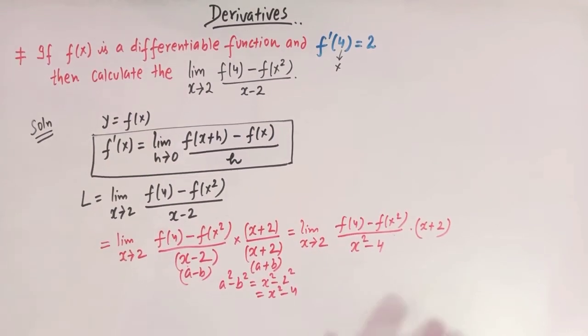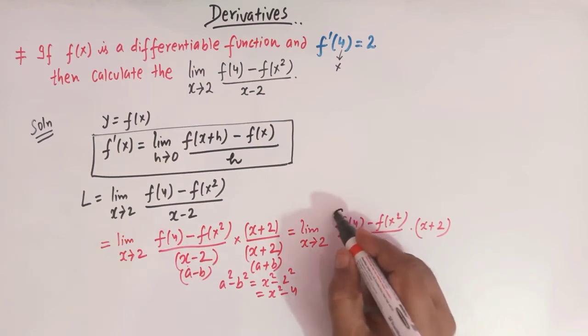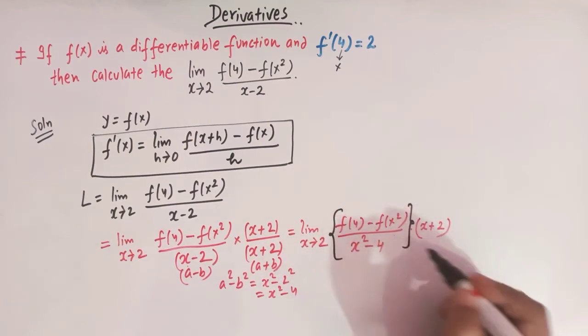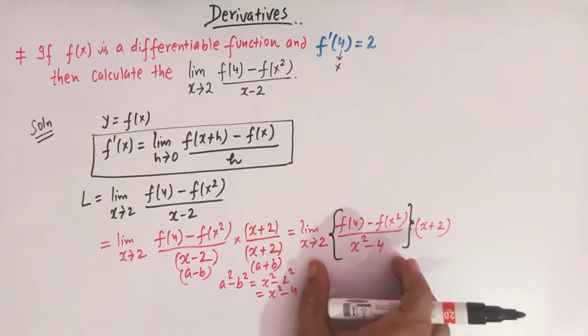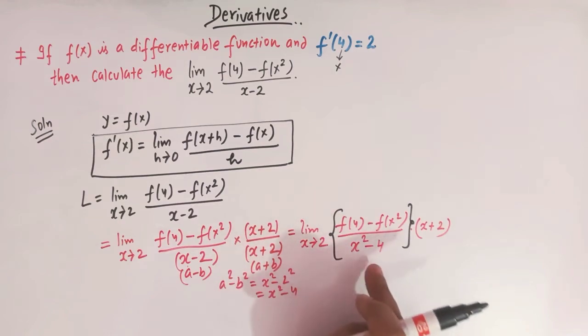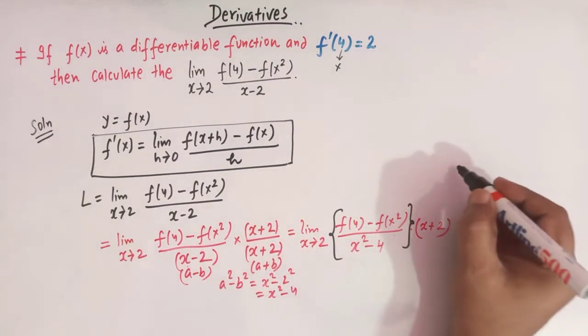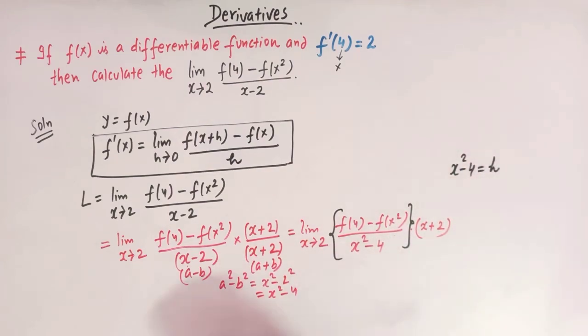Now we have to evaluate this limit. Let us take this expression. We'll make use of the method of substitution here. Let us put x square minus 4 equal to h.